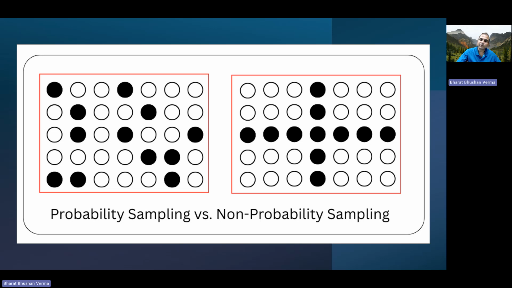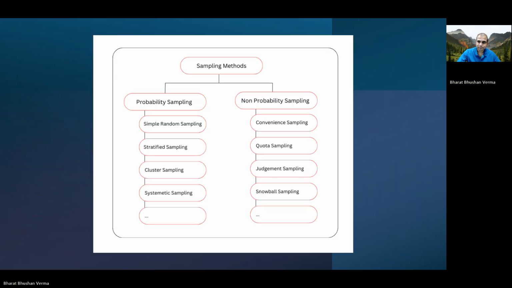Let us look at what are the different probability and non-probability sampling methods. Within probability sampling, we have simple random sampling, in which every single member of the population has the same chance of getting selected in the sample.